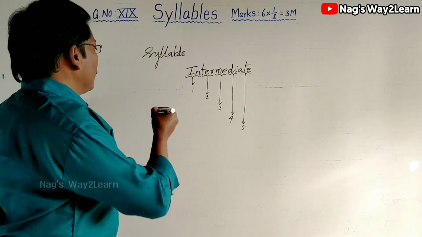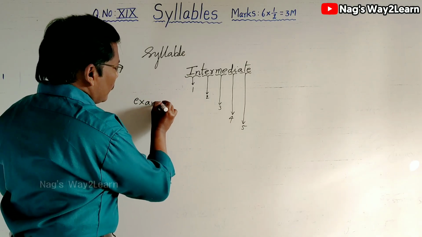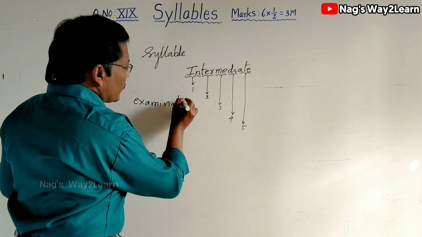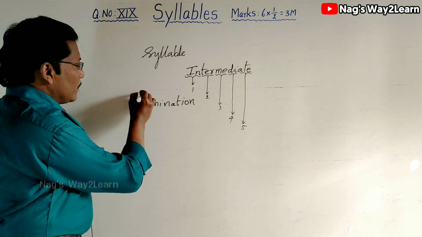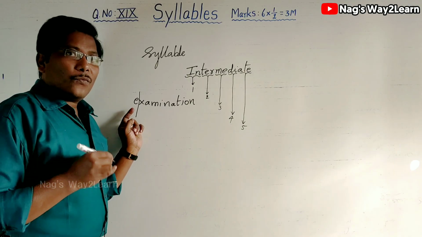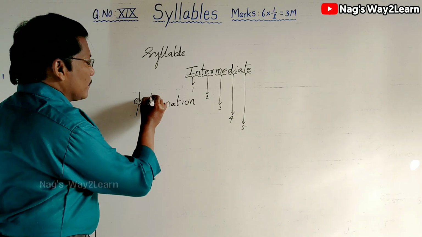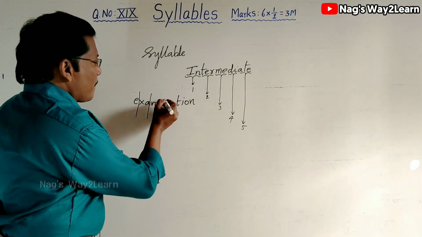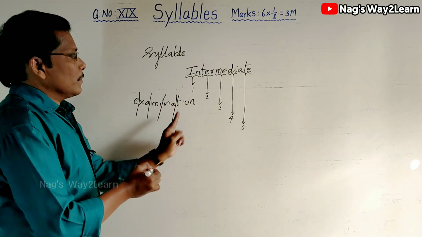You take another word like examination. So here a, this single letter gives one sound, so this can be a syllable. A, jam, i, ne, shan.